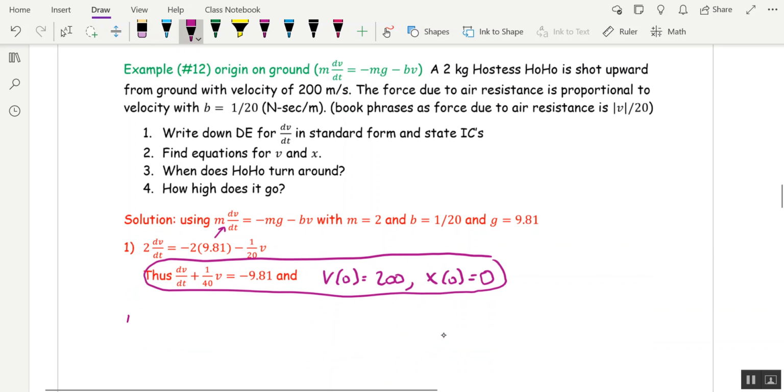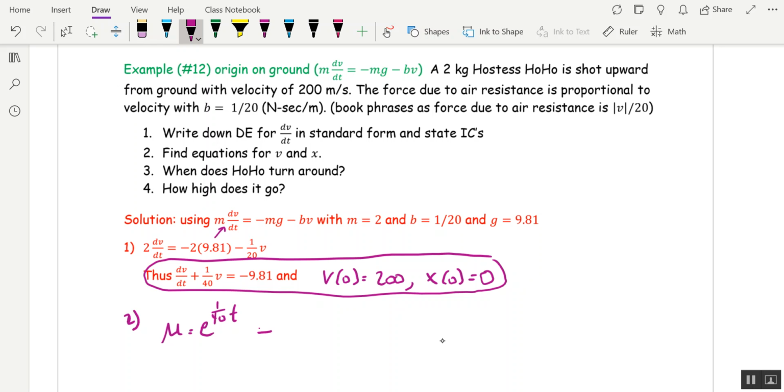So step 2, solving for v, I'm going to need an integrating factor. Mu is the integral of 1 over 40 dt, because that's my p. So mu, I'll just jump to the answer, is e to the 1 over 40 t. We can do that integration in our heads.